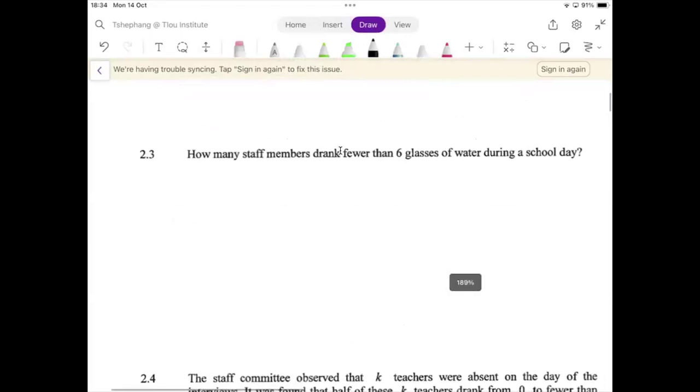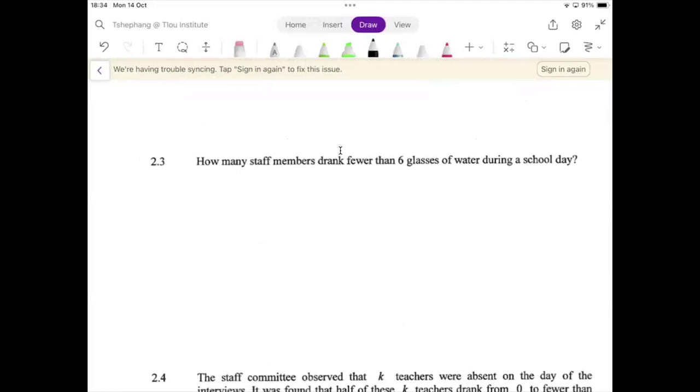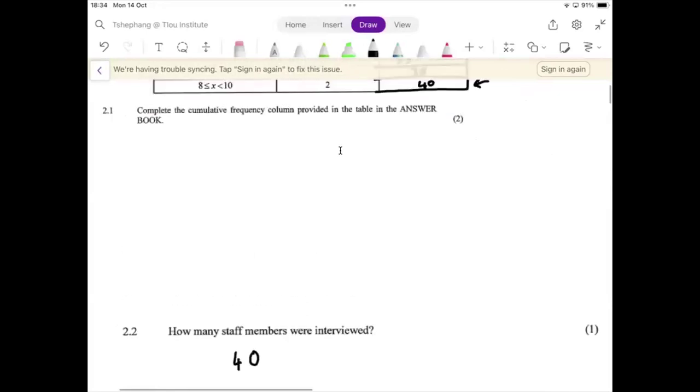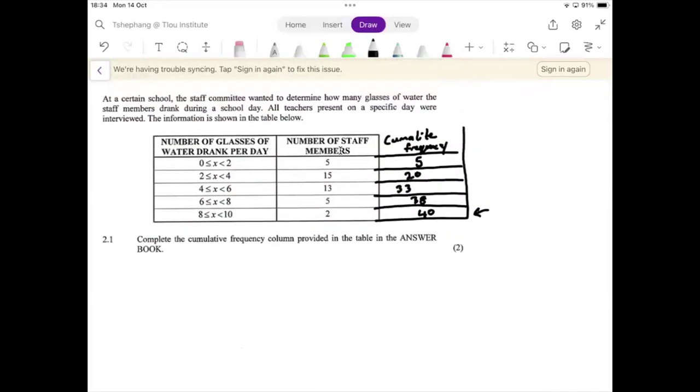Now, how many staff members drank fewer than 6 glasses of water during a school day? So fewer than 6 must be on this row here.